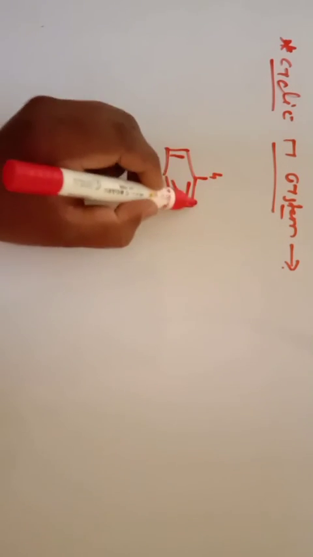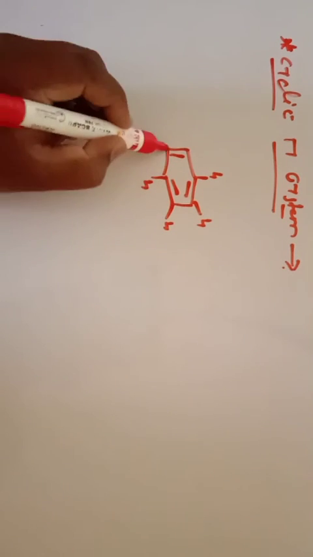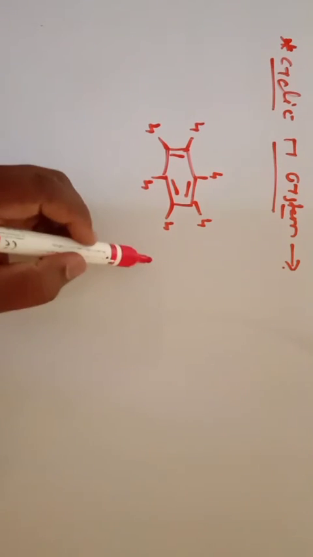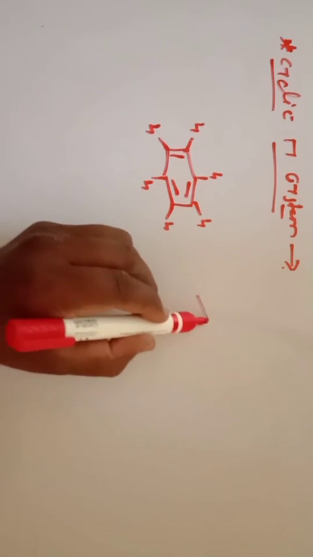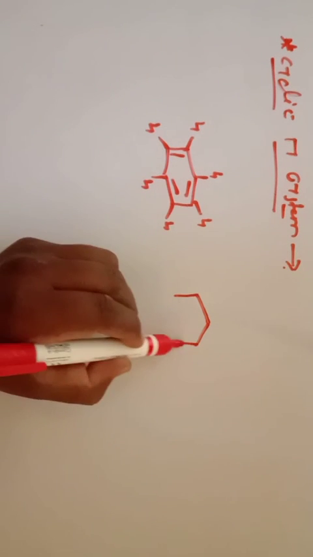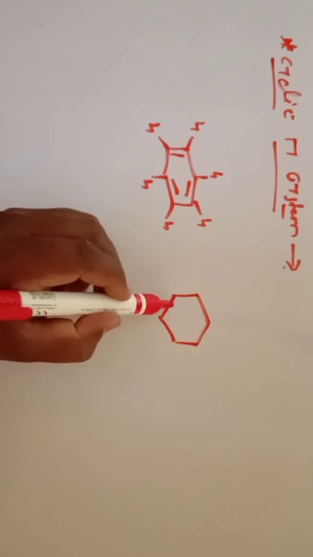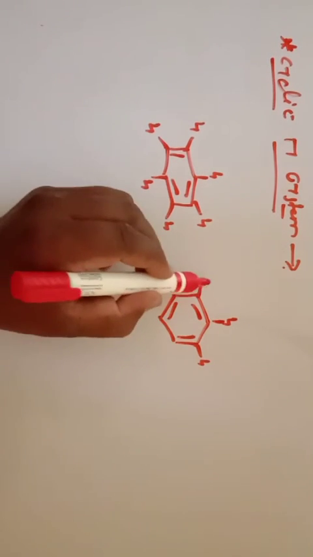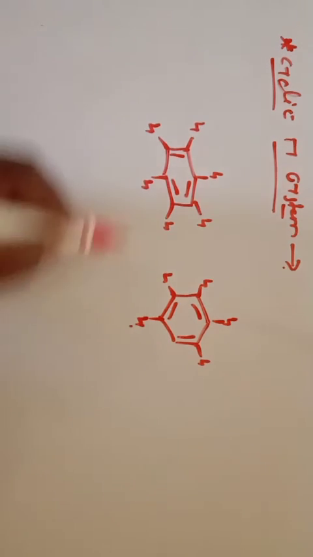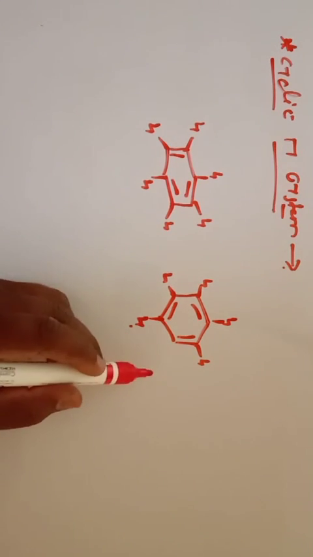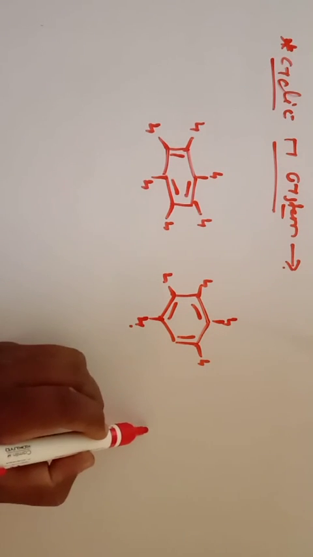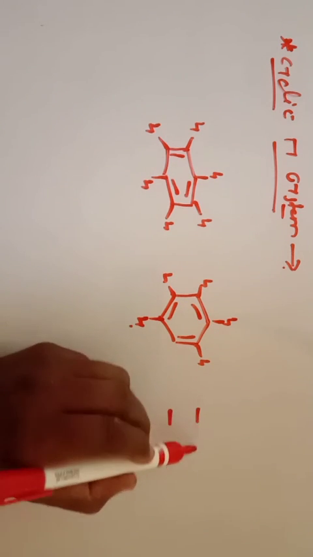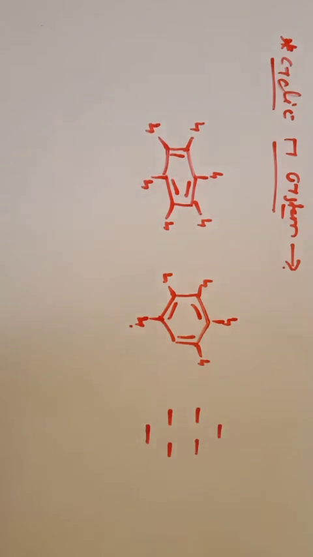So there should be one hydrogen, hydrogen, hydrogen, and we know that. So if you draw like this, hydrogen, hydrogen, hydrogen, hydrogen, and we know that every vertex corresponds to the energy of a molecular orbital. So this is your one vertex, then two vertices having the same energy, then another two vertices having the same energy, and the next vertex should be there.